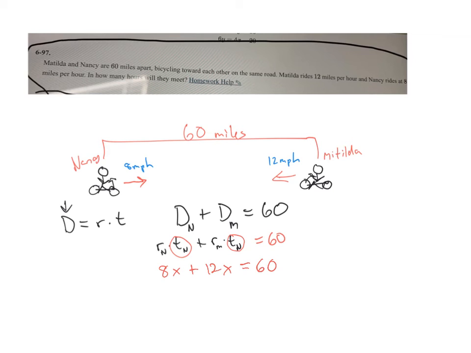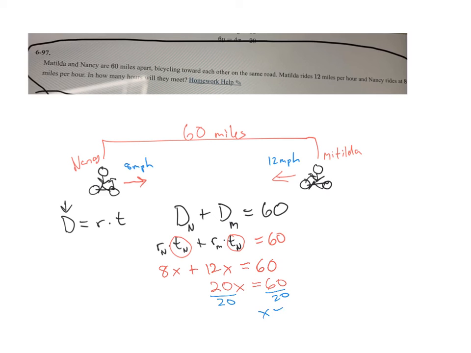And what x is going to represent in this case is the time that these two girls are riding their bikes. So we add them, we get 20x, right? Because 8x plus 12x is 20x equals 60. Divide both sides by 20.